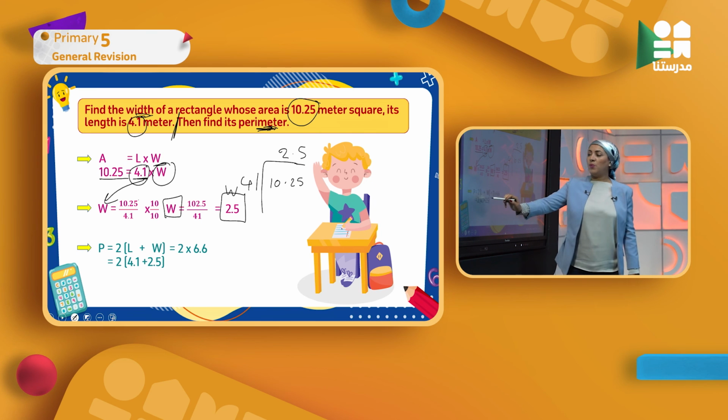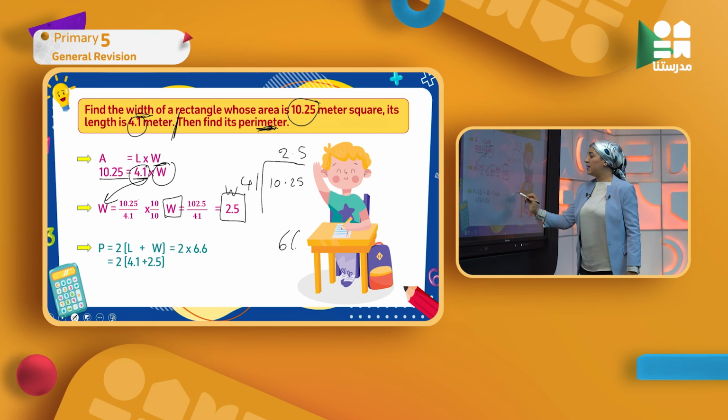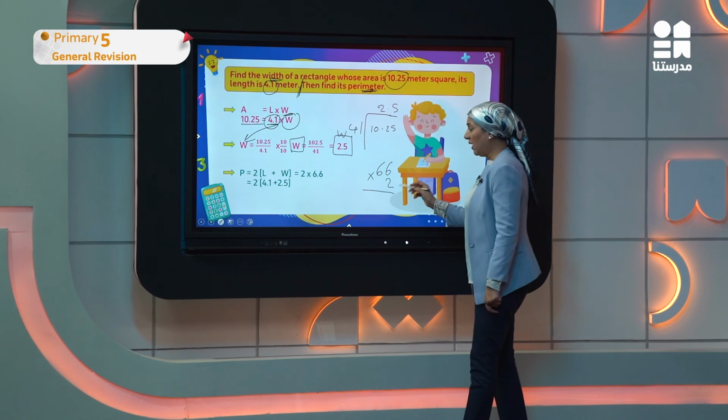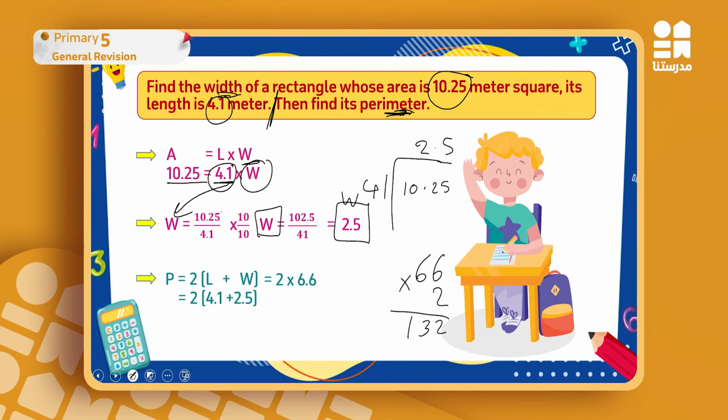2 times 6.6. So what will I do? It will be 66 times 2. I ignore the decimal point. The answer will be 132. Now, how many digits or houses after the decimal point, or how many decimal places, did I have? I had only one.